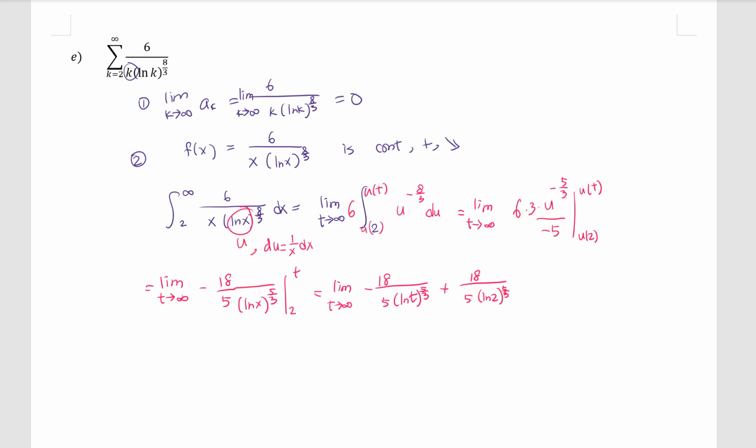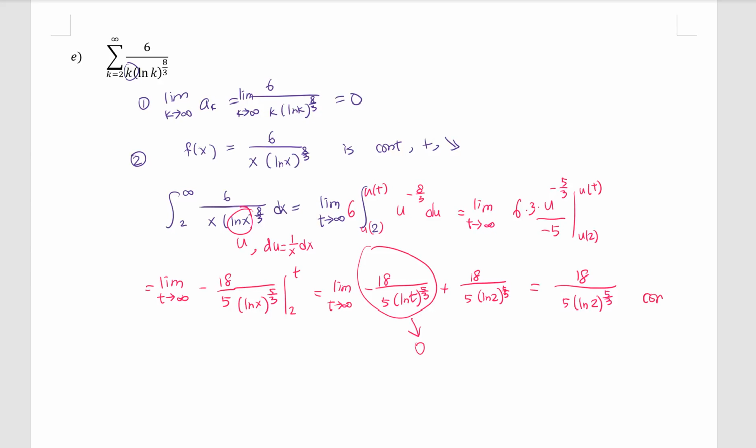Okay, what happens when t goes to infinity? See, in the first term, our denominator goes to infinity, so this goes to 0. So our answer is 18 over 5 times ln of 2 to the 5 over 3. So far, so good, everybody?